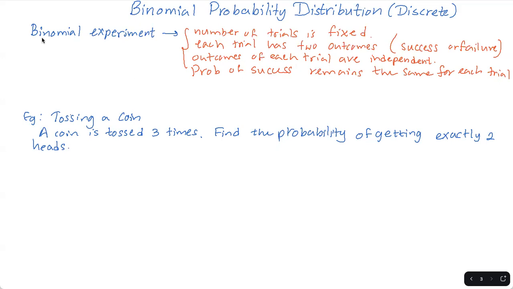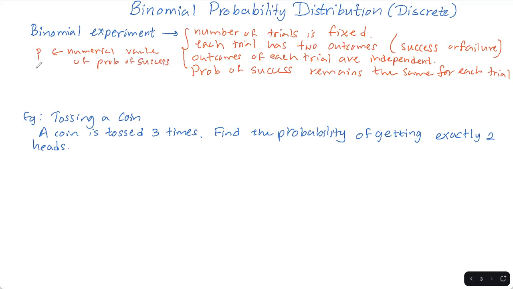And here we are going to use some notations. For the probability of success, we use simply p for the numerical value. This is the numerical value of the probability of success.